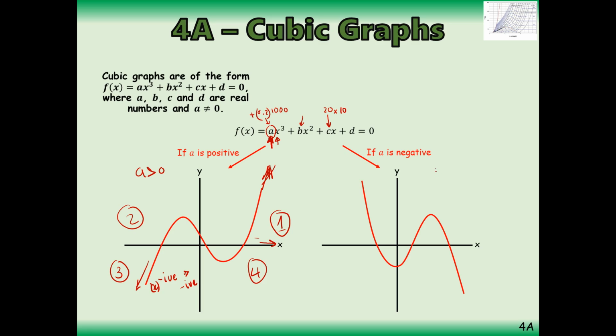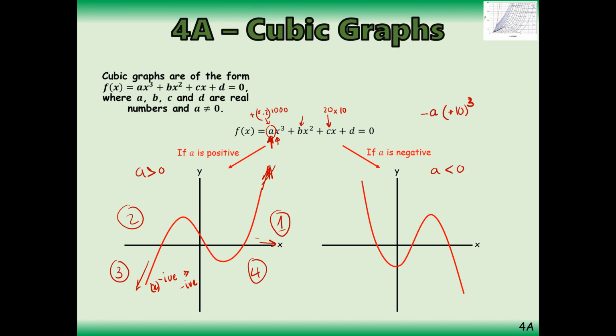If the value of a is negative, then when x is positive and a large value, well, when you cube, let's say, 10, x is positive, but we are multiplying this 10 cubed by a negative value of a.